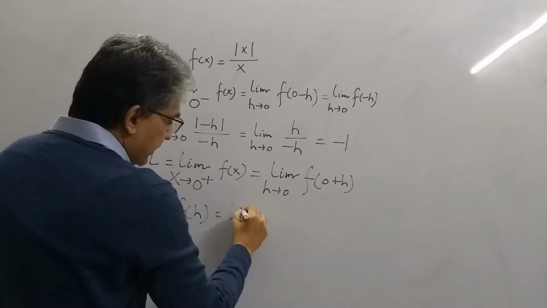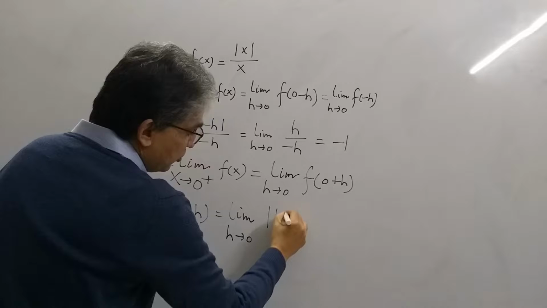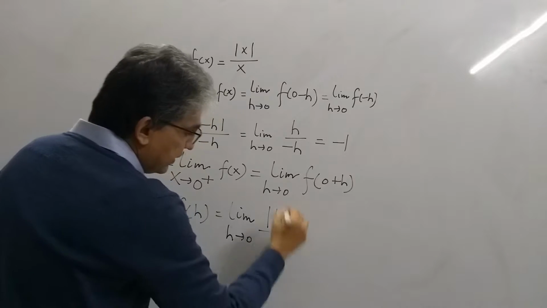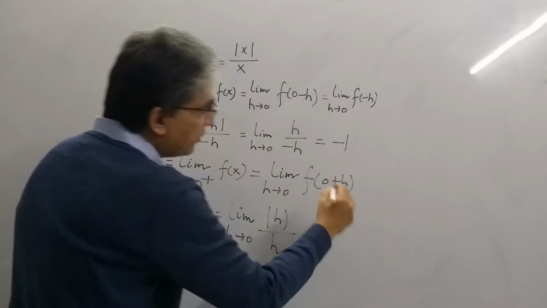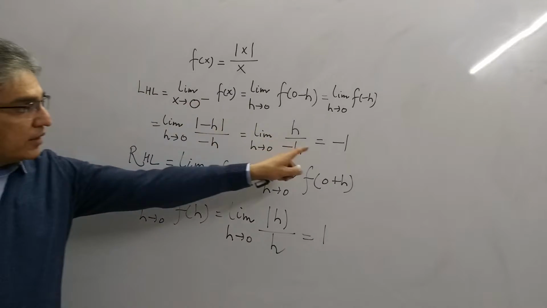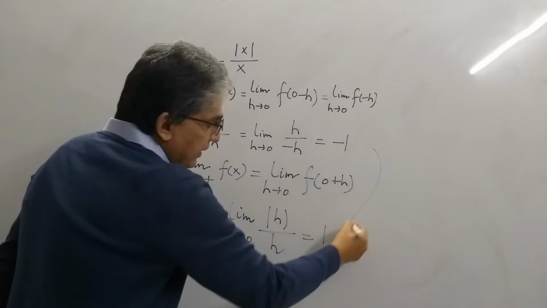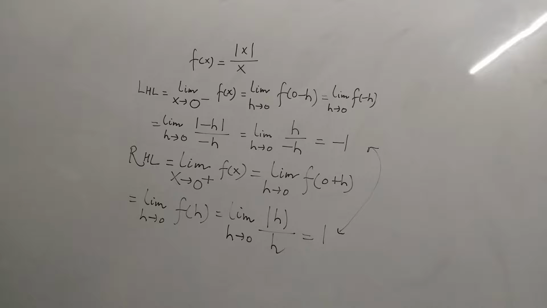This is limit h tends to 0 h upon h. So this is h upon h, that is 1. So you found that the left hand limit is minus 1 and the right hand limit is 1. So this is a divergence. We don't reach a particular value. So in this case, the limit does not exist.